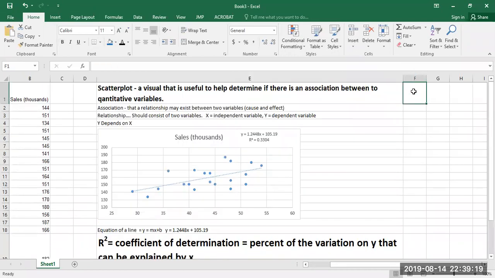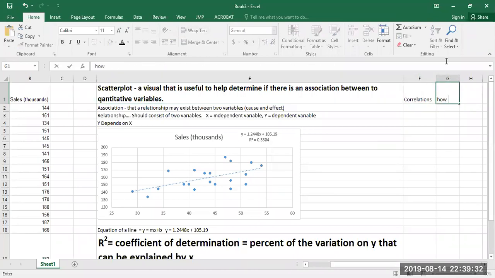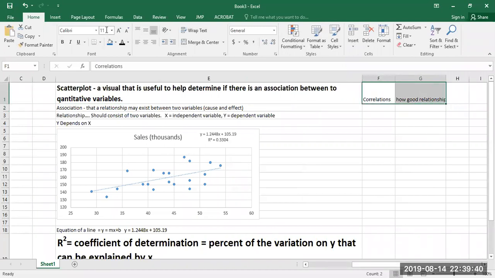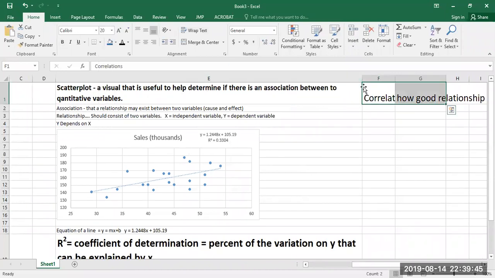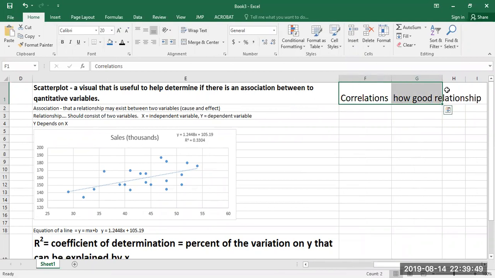So how do we determine if correlation is good? How do we determine if it's strong? How do we determine if that association exists? There are some specific values you should get used to, for the correlations that will be output and how good the relationship is. So when we're talking about how good the relationship is, I generally treat it as a test grade.